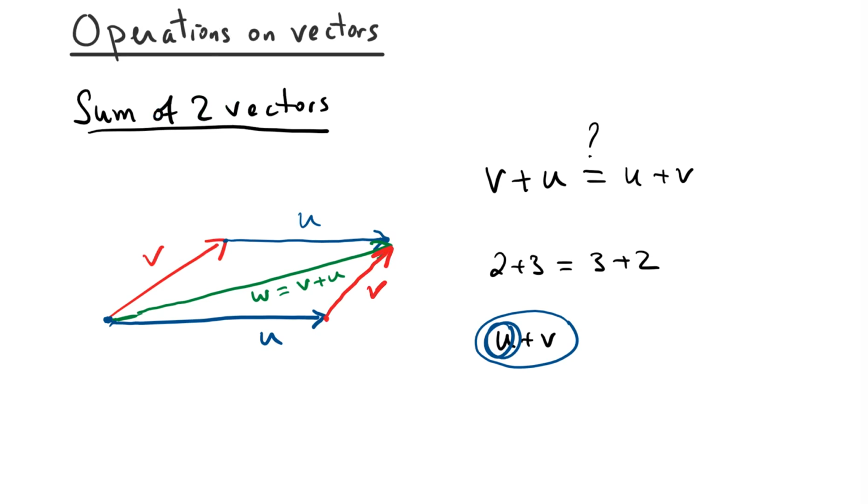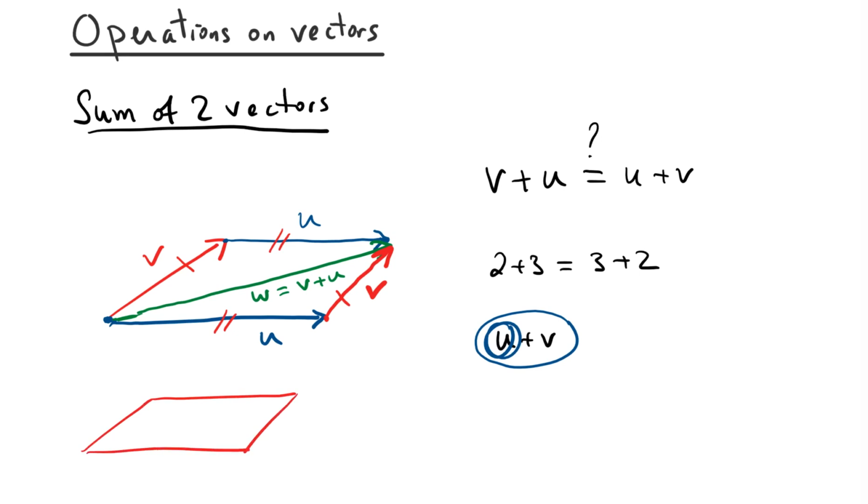So that means I'm going to put v here. It's not too hard to see that these two sides are parallel, these two sides are parallel. It may not show really well in the picture, but this is a parallelogram.